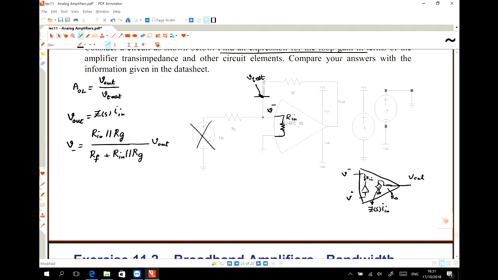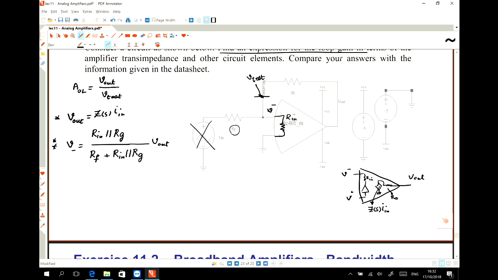Is it clear? So these two impedances, this RG and this R in in parallel, and then we have this RF in the feedback. So it's just the V out divided, I mean this one divided by the total. Okay? So this is one equation.